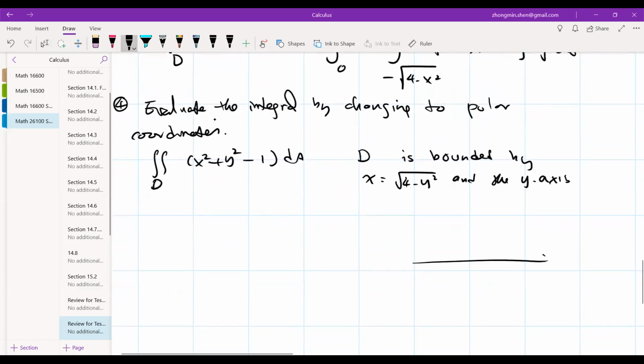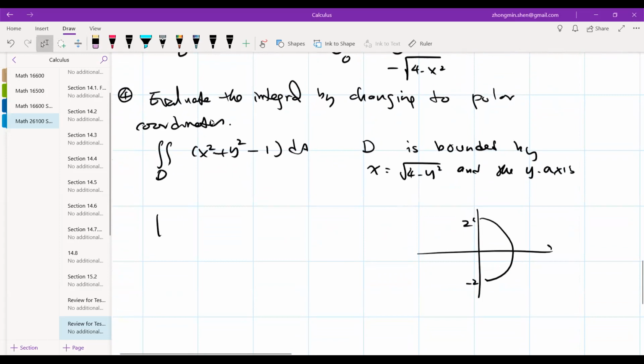Okay, so let's look at the picture. It's negative 2 to positive 2. This is D. The best way to evaluate this double integral is to use polar coordinates because the region is very nice. It's just a portion of the circle.